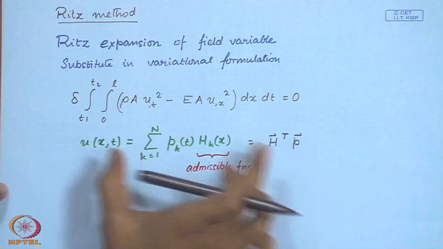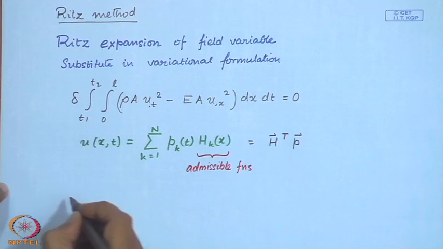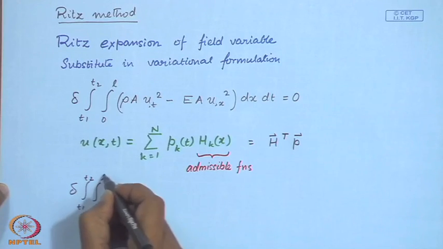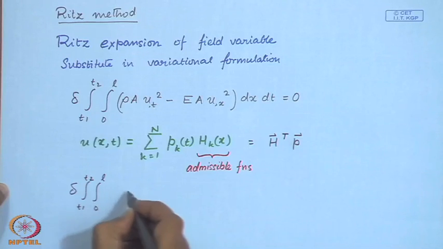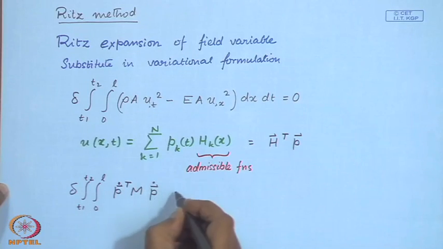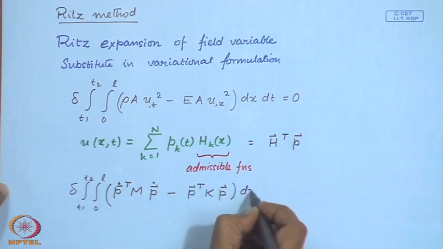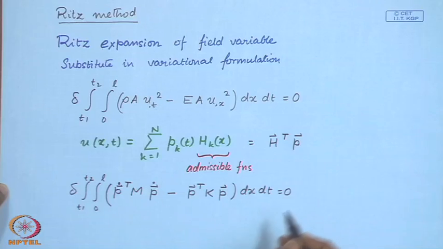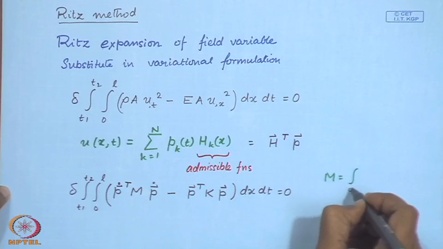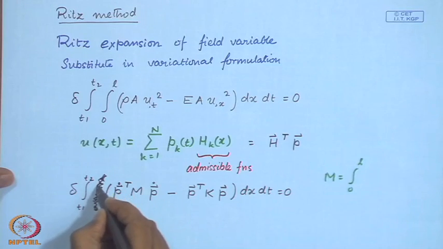Now, once you substitute this in the variational formulation and simplify, we obtain this, where this integration over the space has already been performed.